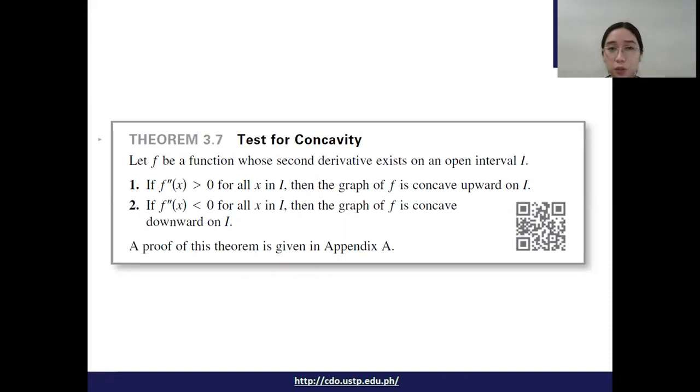Let f be a function whose second derivative exists on an open interval I. Unlike in finding the extrema, the maximum and minimum, where we use the first derivative test, here when we test the concavity, we find the second derivative. Number one, if f double prime of x, your second derivative, is greater than 0 for all x in I, then the graph of f is concave upward.